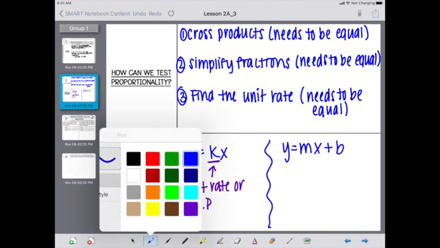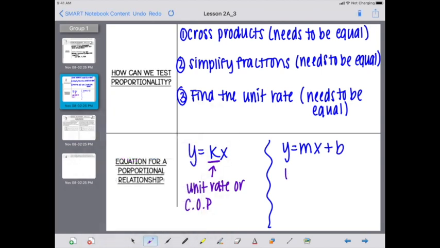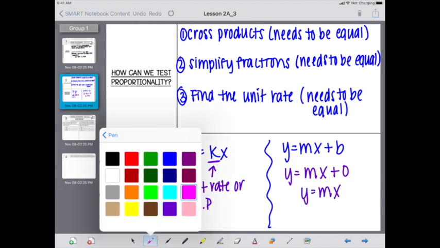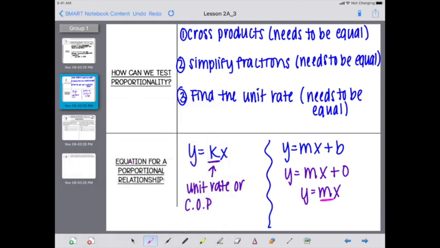But in a proportional relationship, it really is going to be y equals mx plus 0. So really it's just y equals mx. Your m is going to be your unit rate, slash the constant of proportionality. And then your y and your x are just the coordinate points, or the independent or dependent variables that you're going to use in the actual problem.